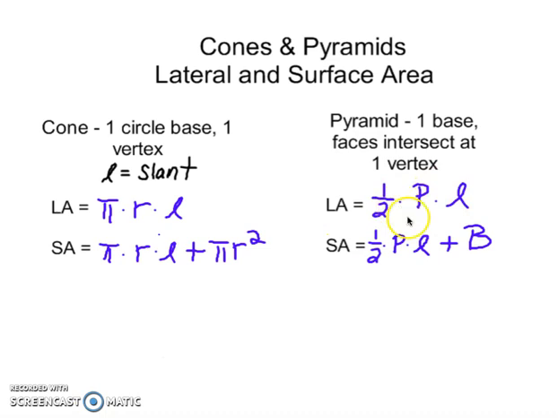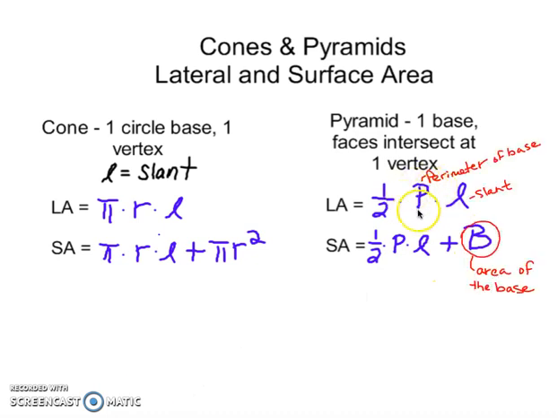This is only perimeter of the base, and then our lowercase l, which is the slant. Our surface area is 1/2 perimeter times the slant plus, notice our capital B, that's the area of the base.